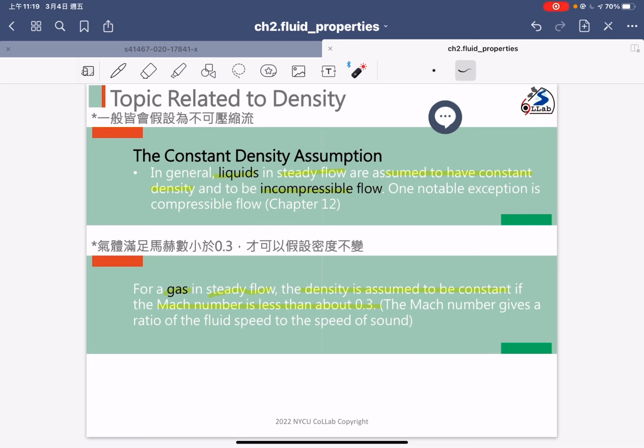Okay, the special case for the gas. But for the liquid, we can say always, it is the incompressible flow. But for the gas, this is a special case. Under this condition, we can say the gas is incompressible flow. Okay?